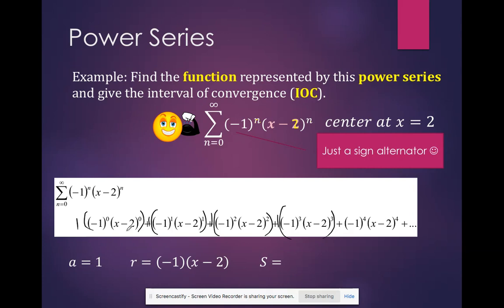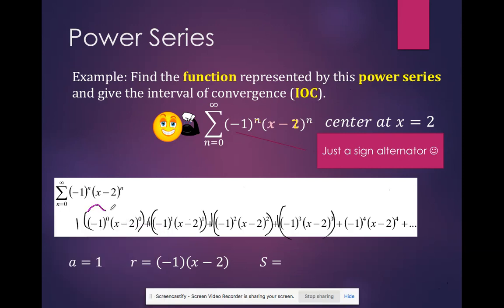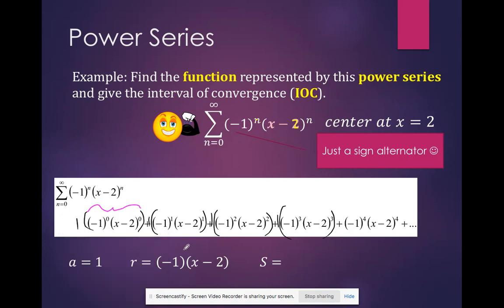Here, my common ratio is everybody inside. So I could think of this as 2 minus x, couldn't I? And then what's my infinite sum? And remember, my infinite sum is going to be my function.